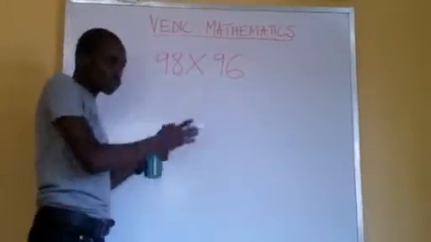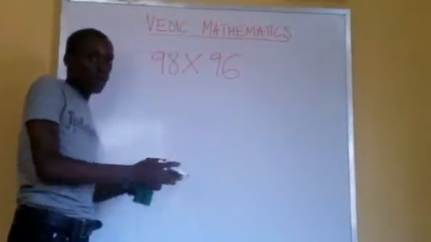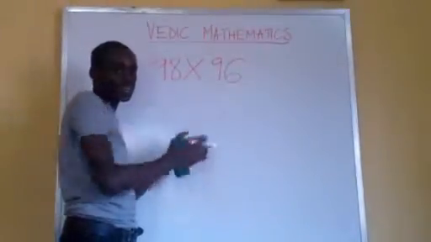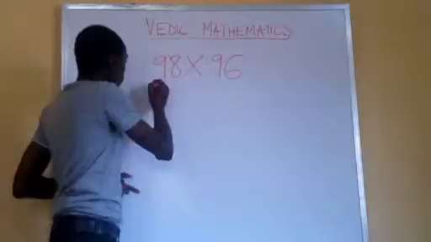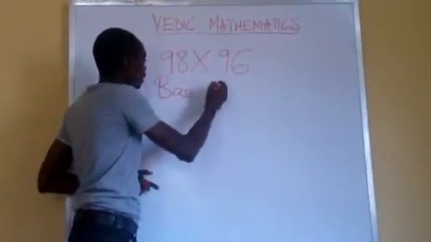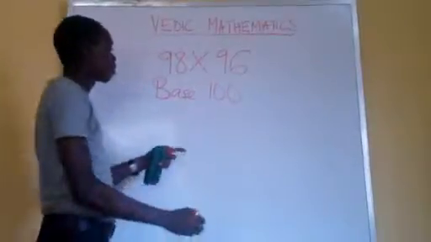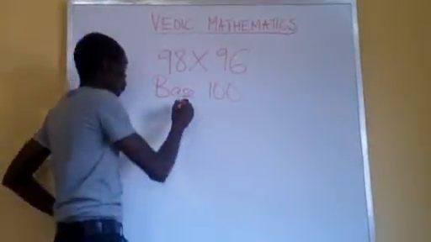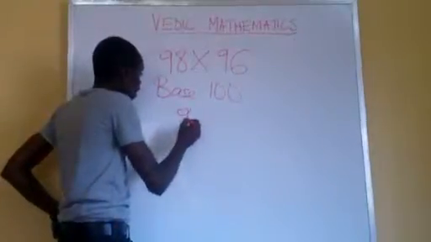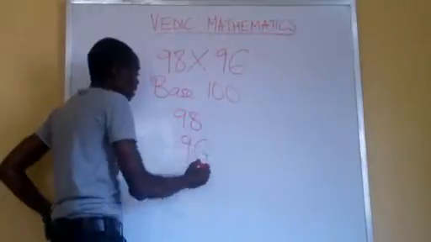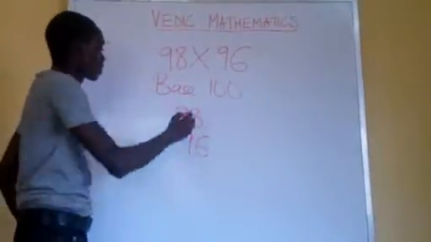We're going to use the same method, but now the closest base to 98 and 96 is no longer 10 but 100. So the base we're using right now is 100. So write down your numbers. You have 98 and 96.